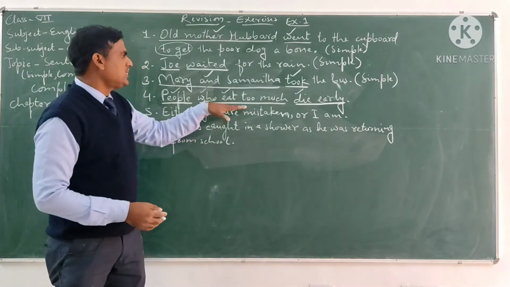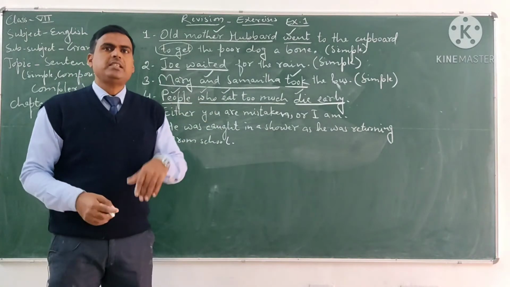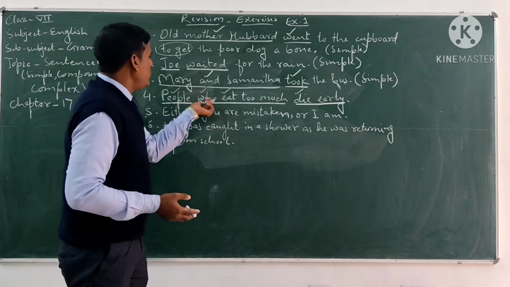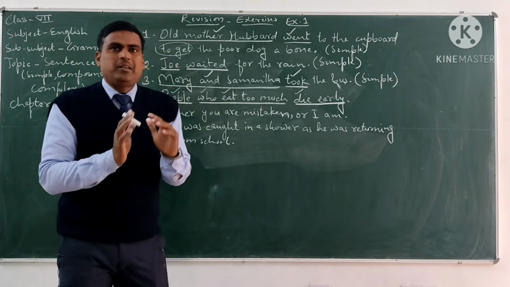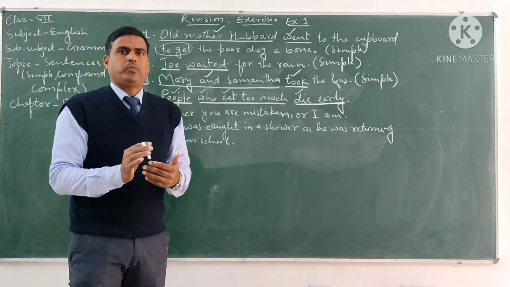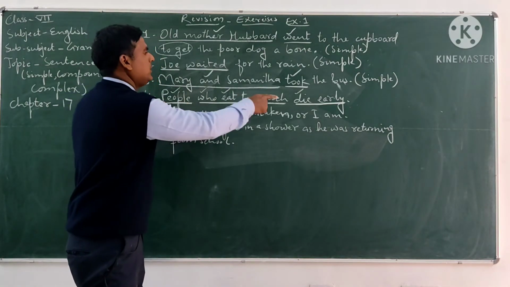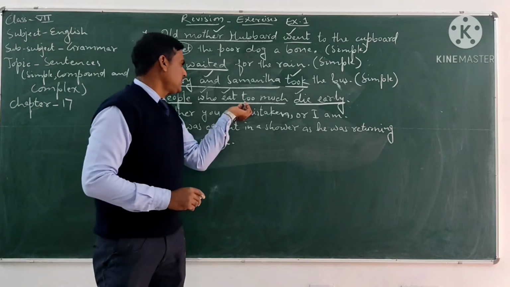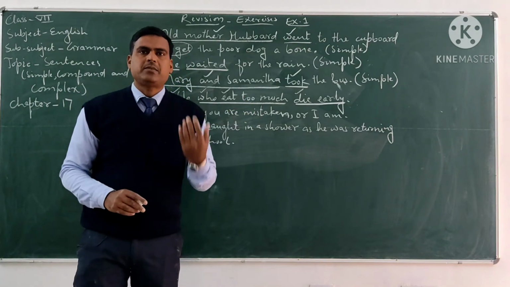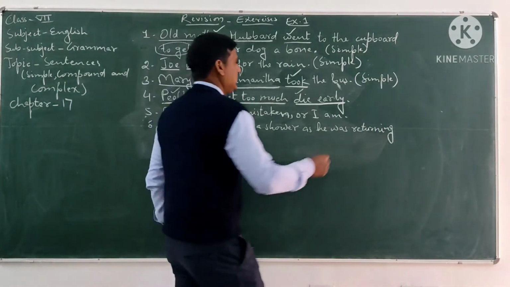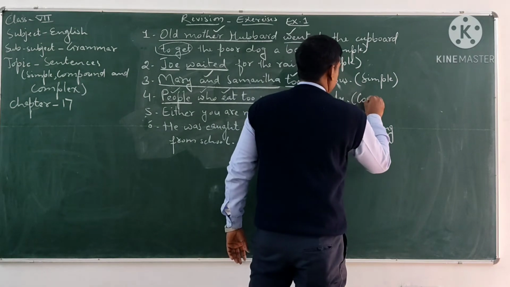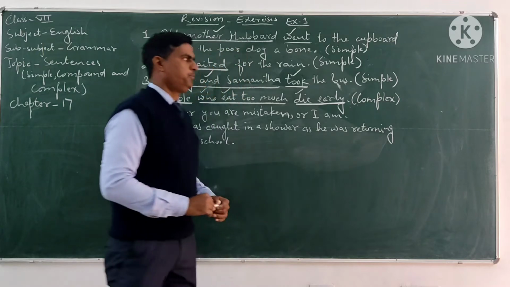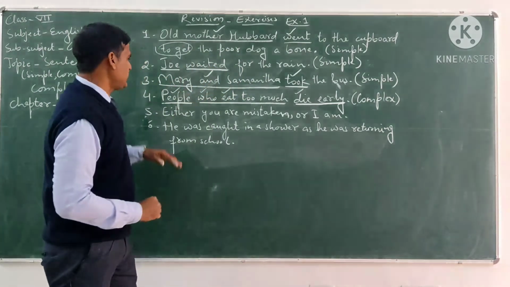So this is not a simple sentence. This is a complex sentence. Why? Because who eat too much is dependent on people die early. Without people die early, this clause will not clear its meaning. That's why this sentence is a complex sentence.